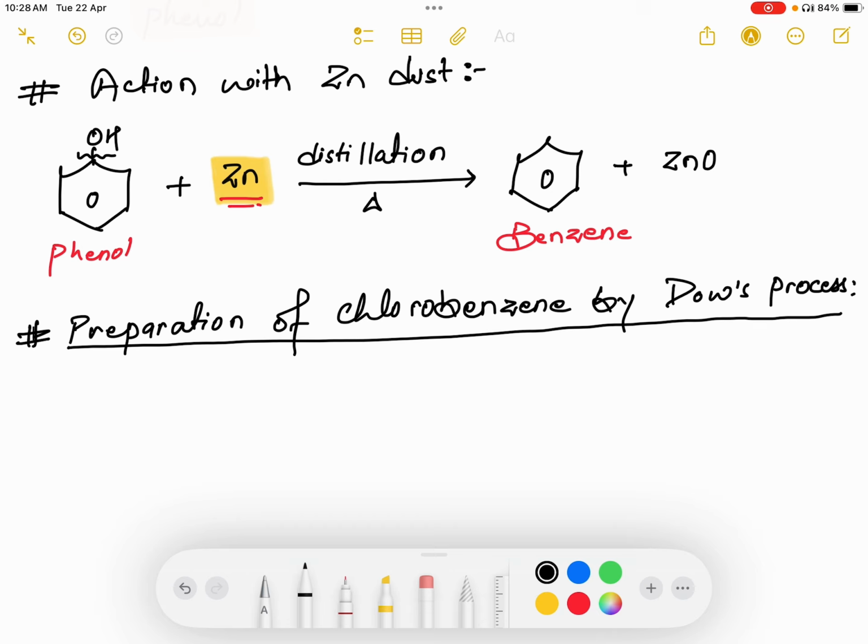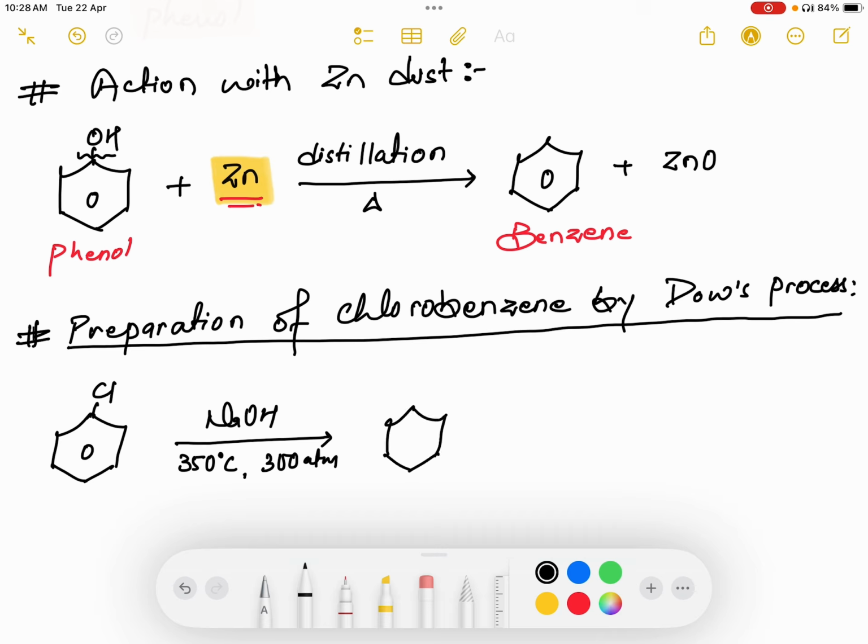The very first one we have over here: chlorobenzene is treated with NaOH at a temperature of 350 degrees C and 300 atm pressure. What will happen is basically this Cl will be replaced, and this OH group will come and attach right at this point to form ONa, that is sodium phenoxide.